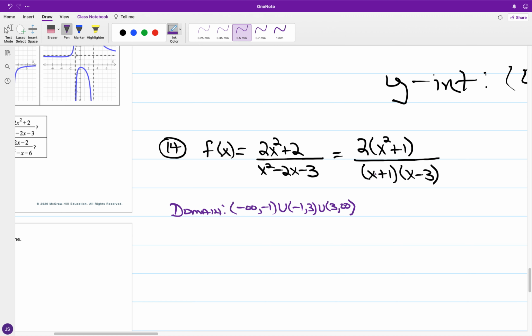And since these factors, x plus 1 and x minus 3, are not going to cancel, that means we're going to have the vertical asymptotes at x equal to -1 and x equal to 3.